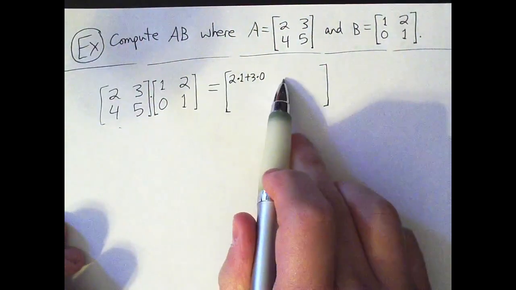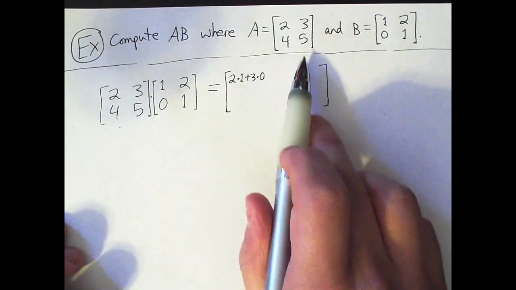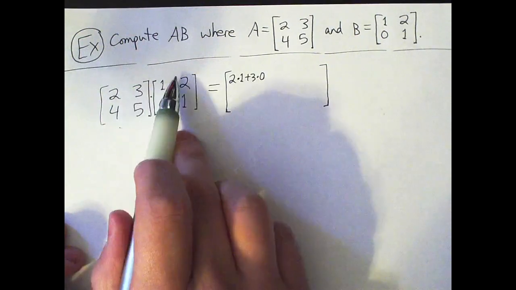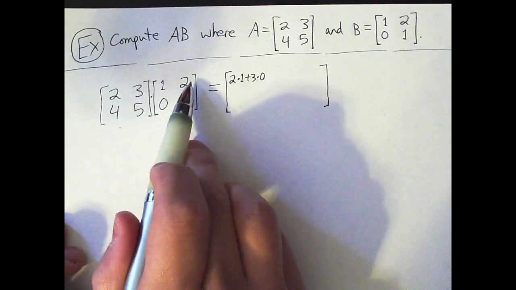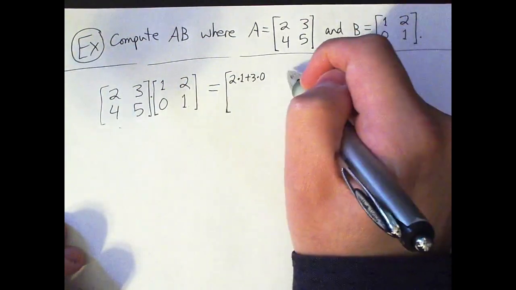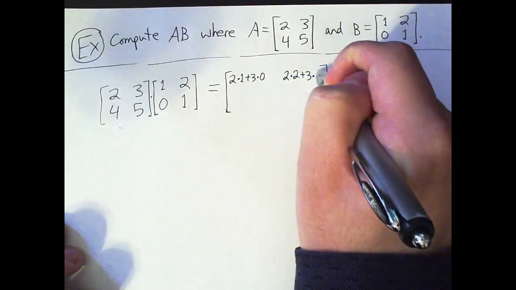All right, so in the upper right, we would be in row 1, column 2. So I need to look at row 1 of A, column 2 of B. So I'm looking at the 2, 3, and the 2, 1. So 2 times 2 plus 3 times 1.